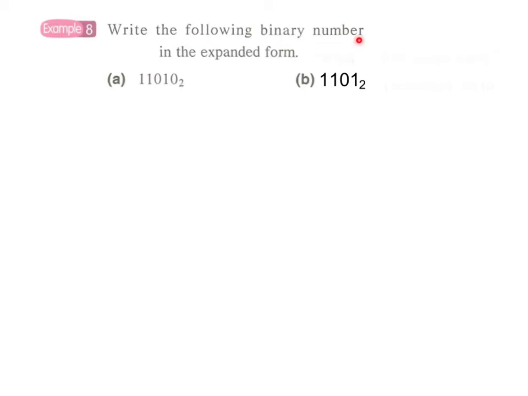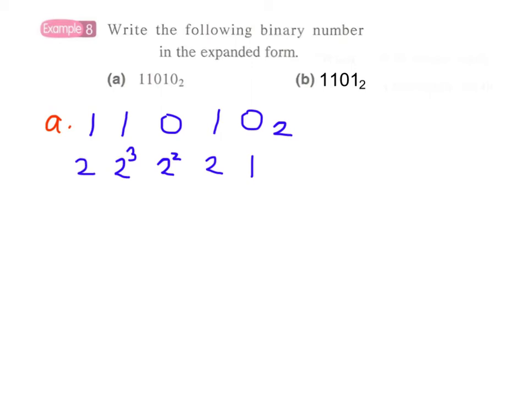Now let's look at an example. Write the following binary numbers in expanded form. In A, we have 11010 base 2. Since each digit has a different place value, the place values are 1, 2, square of 2, cube of 2, 2 to the power 4.